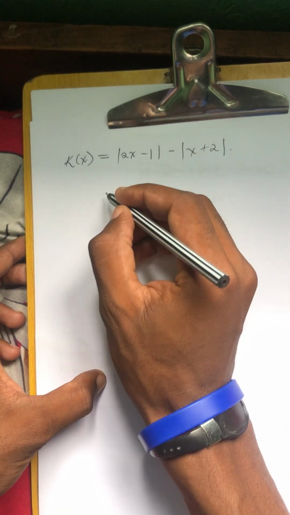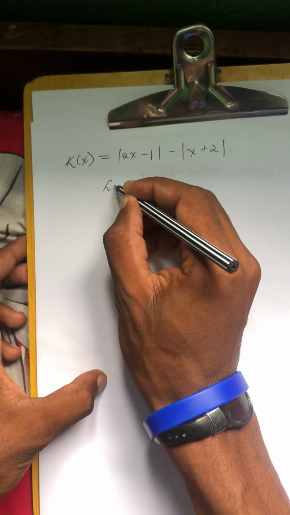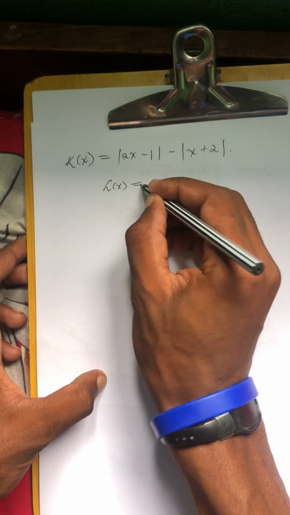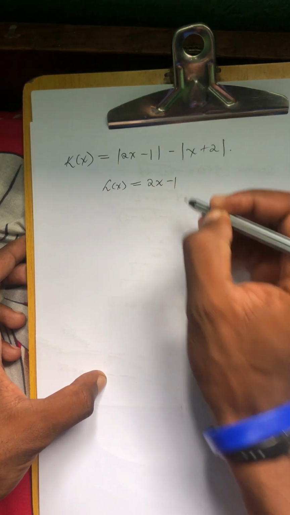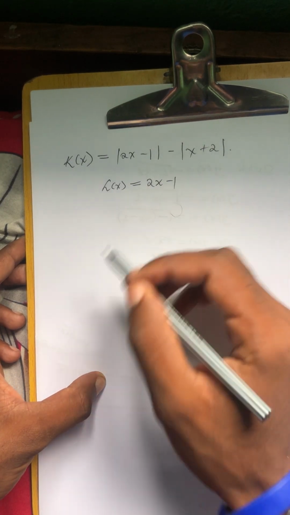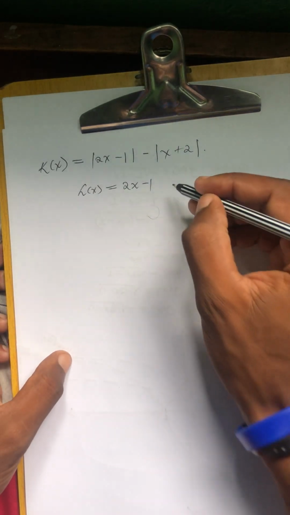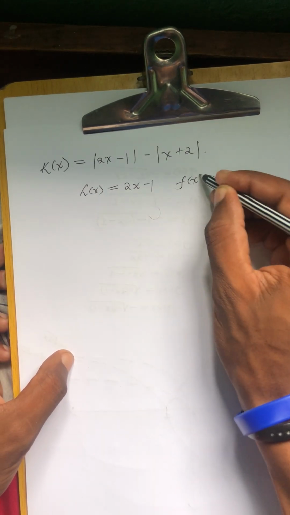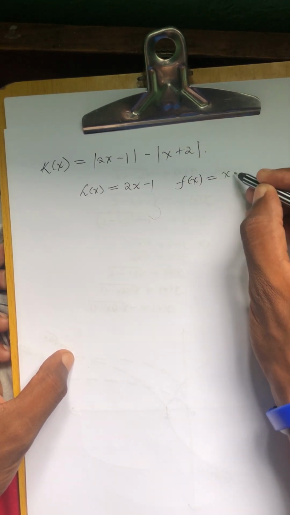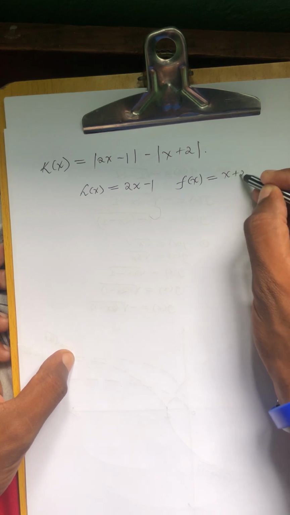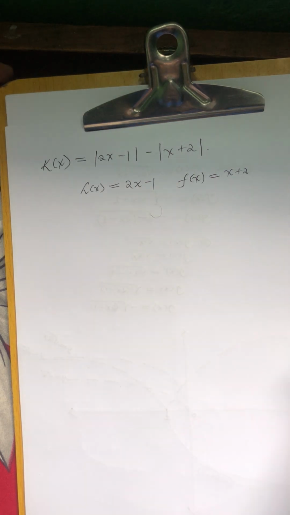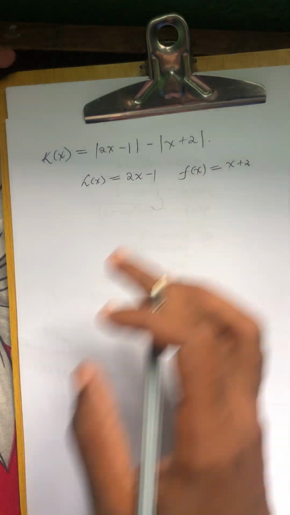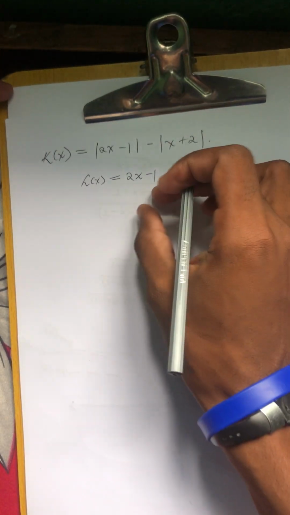All right, so let's say this is h of x. We assume h of x to be 2x minus 1. We ignore the sign. Then let this be f of x, equal to x plus 2. All right, so from there now we equate each to 0, so that we find the breaking point.